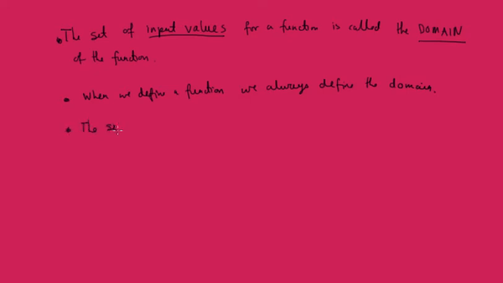And lastly, the set of output values for a function is called the range, also known as the co-domain of the function.